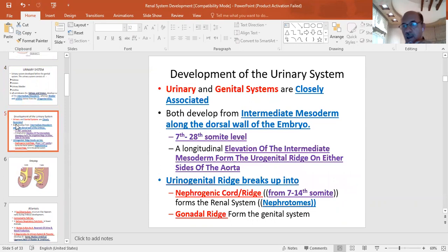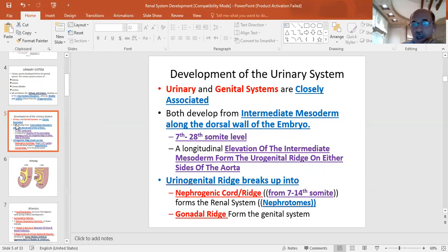Just like any other organs, all organs begin to develop starting from the 4th week of intrauterine life and continue so. So all organs begin to develop simultaneously, but some of them are closely related to each other. For example, the renal and the reproductive system.